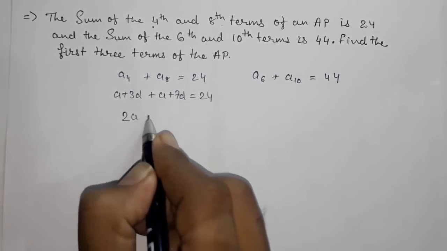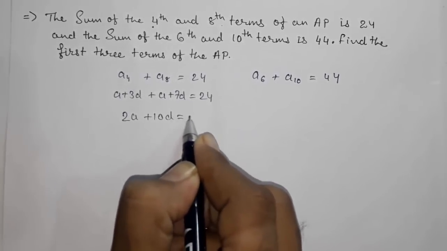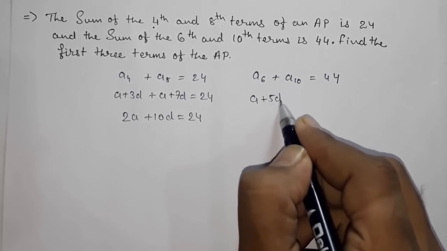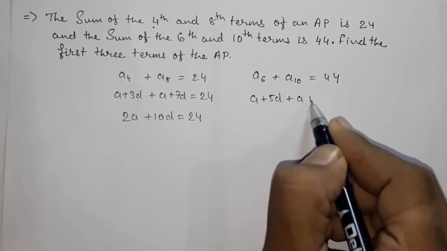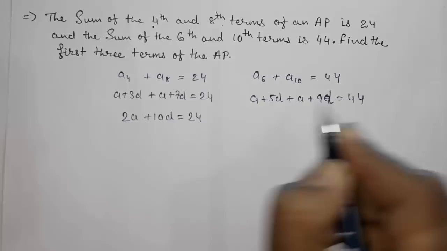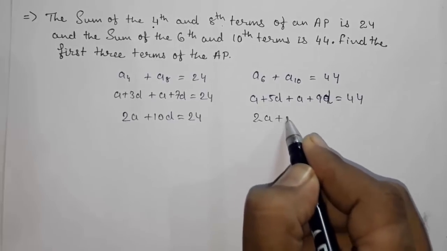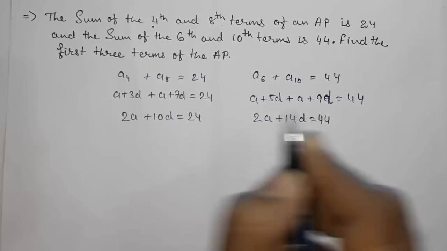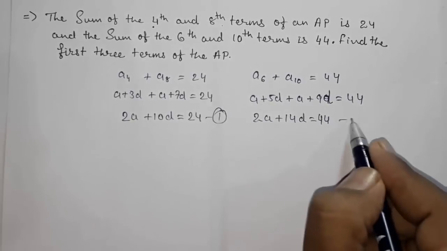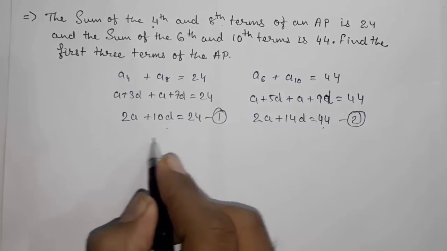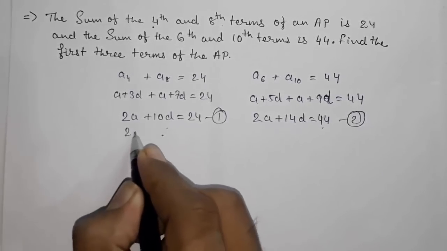So 2A plus 10D is equal to 24, and here A plus 5D plus A plus 9D equals 44. So 2A plus 14D is equal to 44. Directly we can do elimination or substitution. This is our equation number 1 and this is 2. I am putting the second one here only.